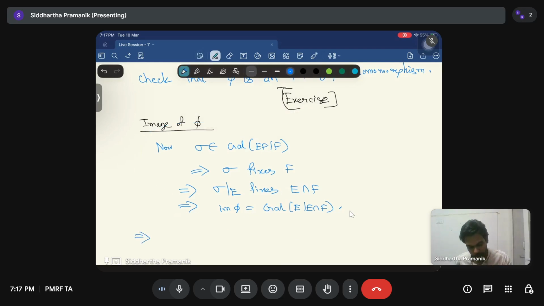So this will give the Galois group of EF over F is isomorphic to the Galois group of E over E intersection F.